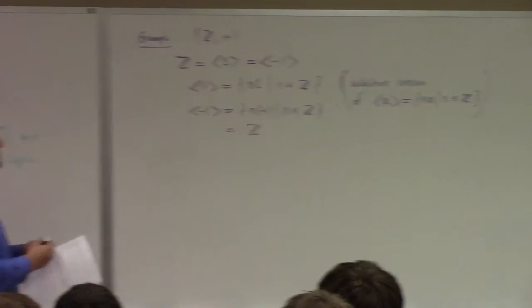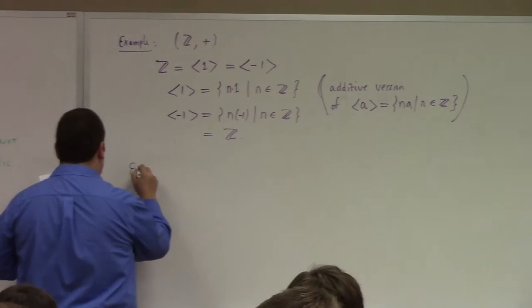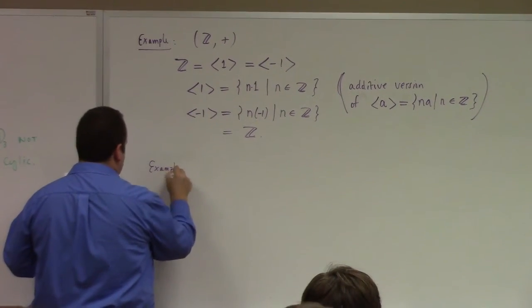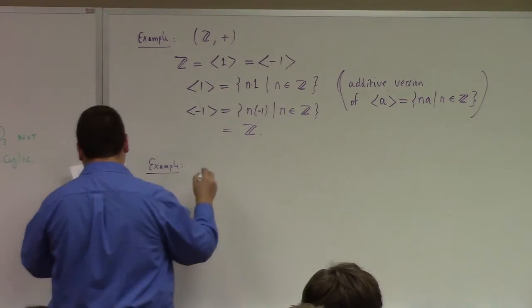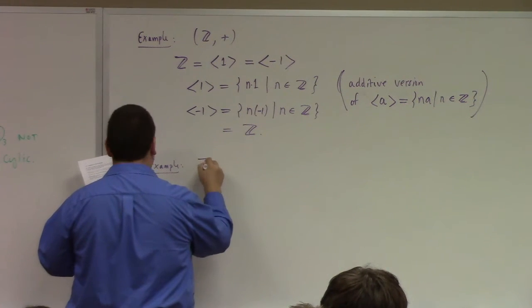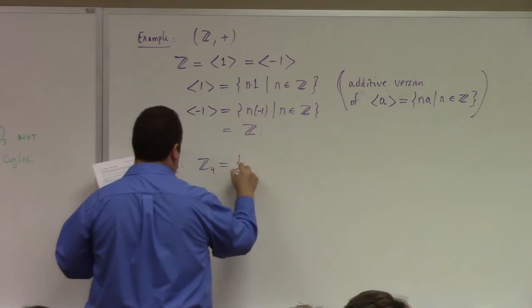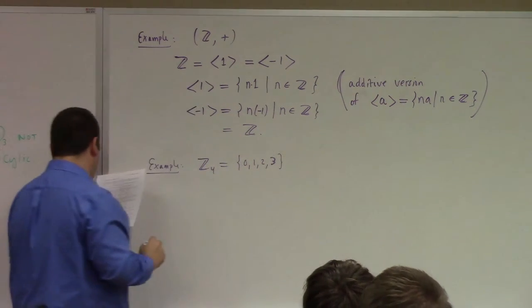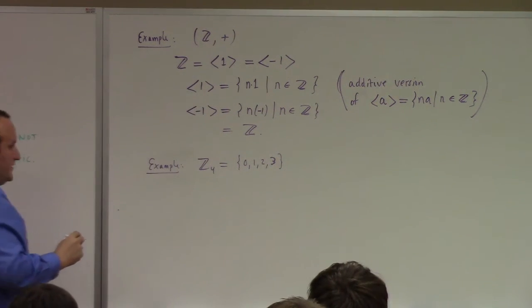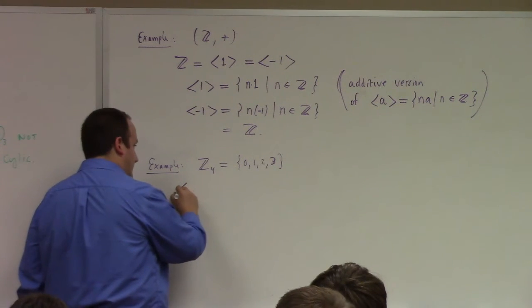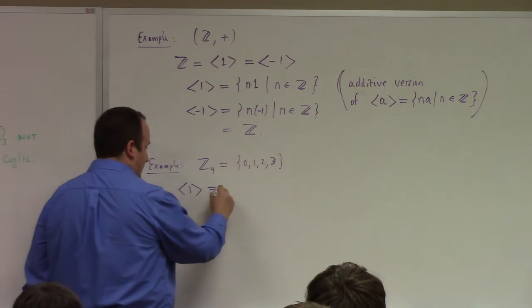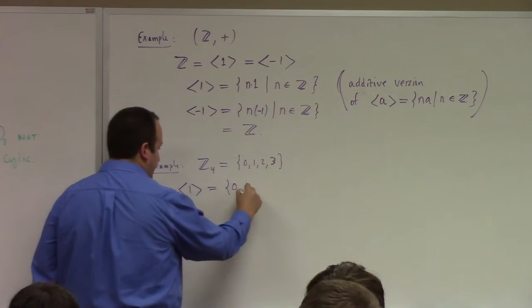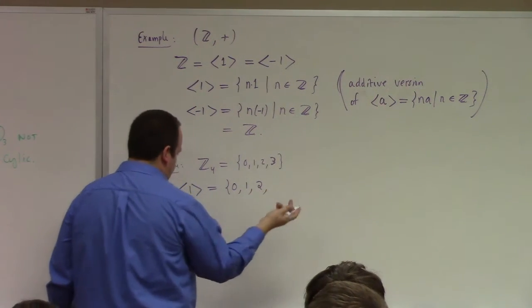They're cyclic, right? Another example, we could look at Z4. It's not hard to see that 1 gives you 0, 1, 1 plus 1, 2.